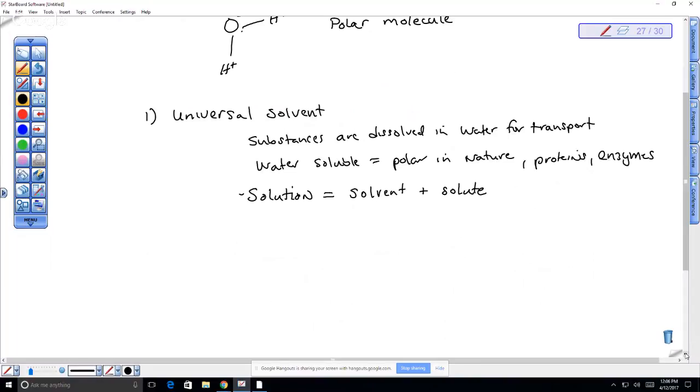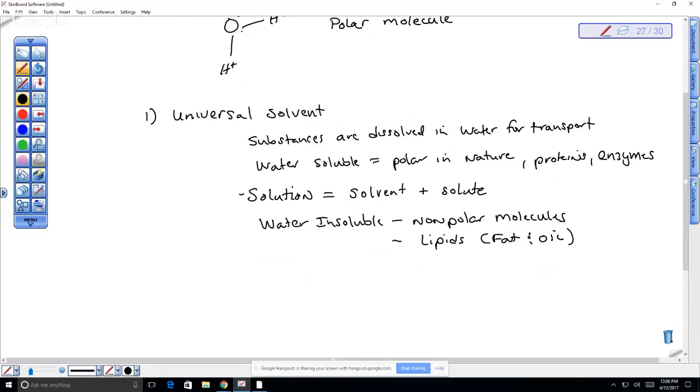So what is something that is water insoluble? Fat. Oil, right? So these are non-polar molecules. So fat and oil are called lipids. And we're going to talk about lipids in more detail today. But in order to be transported in the body, these are actually wrapped in proteins.